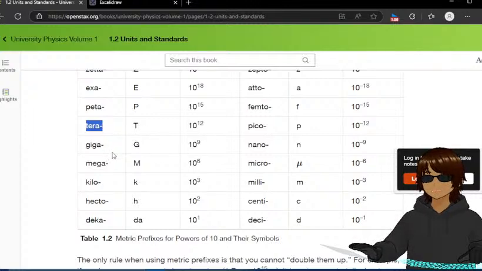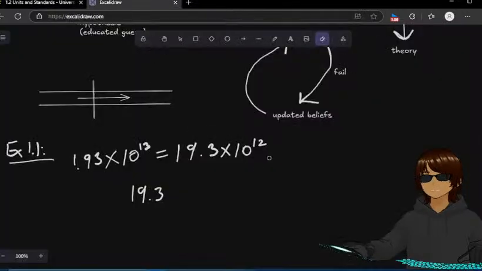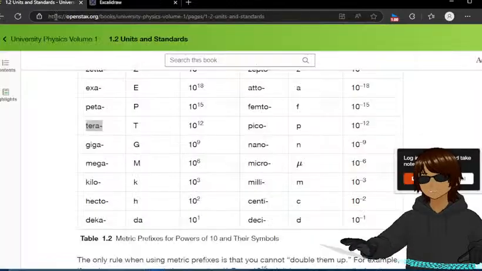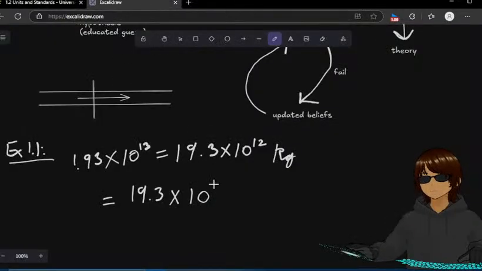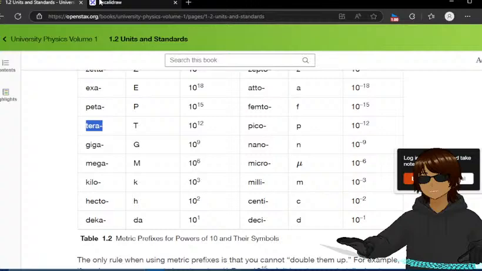So it's gigagrams. No, wait. The kilo over there is kg. This becomes 12 becomes 15 grams. So 19.3 petagrams.